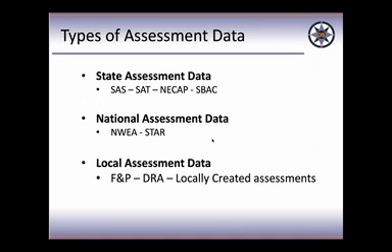Those are assessments that if you use them, you purchased from someone, but you corrected it yourself. So the data is not nationally normed. It's just data that you have corrected and entered into some system or put on paper and looked at. That's why it's a local assessment. But there are also locally created assessments that you can collect data on.